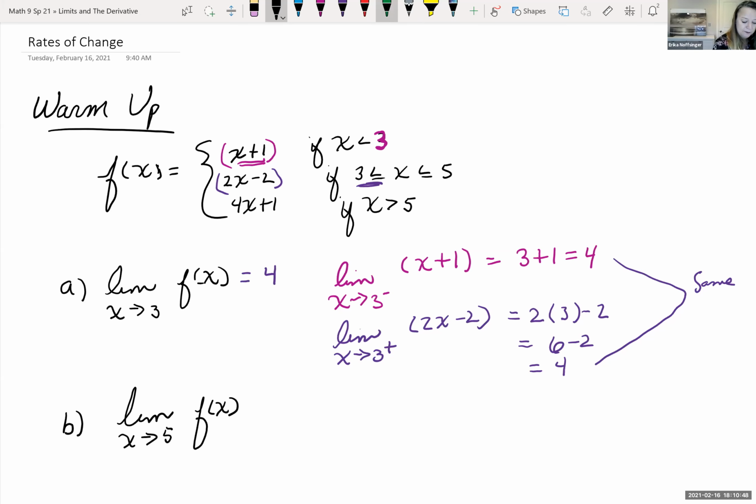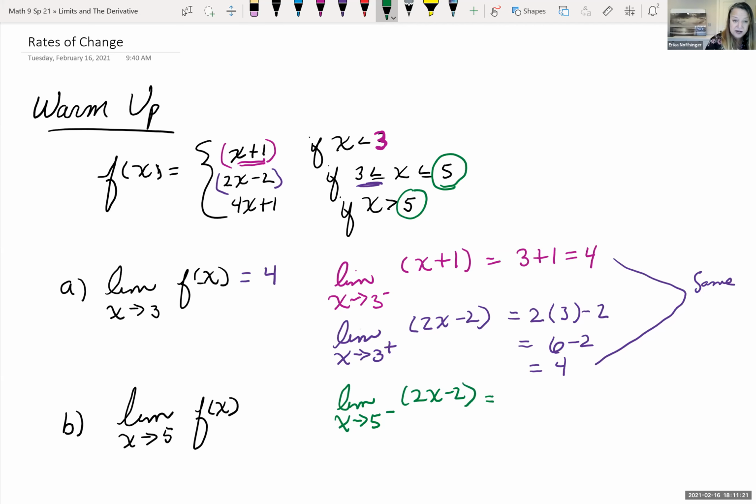If it is one of the bounds of the inequality, which again, in this case it is, we need to make sure that the left-hand side and the right-hand side are the same. And so let's look at the limit as x is approaching 5 on the left. So those are values of x that are smaller than 5. And we're always using the equation closest or piece of the graph closest. So this would be using this 2x minus 2.